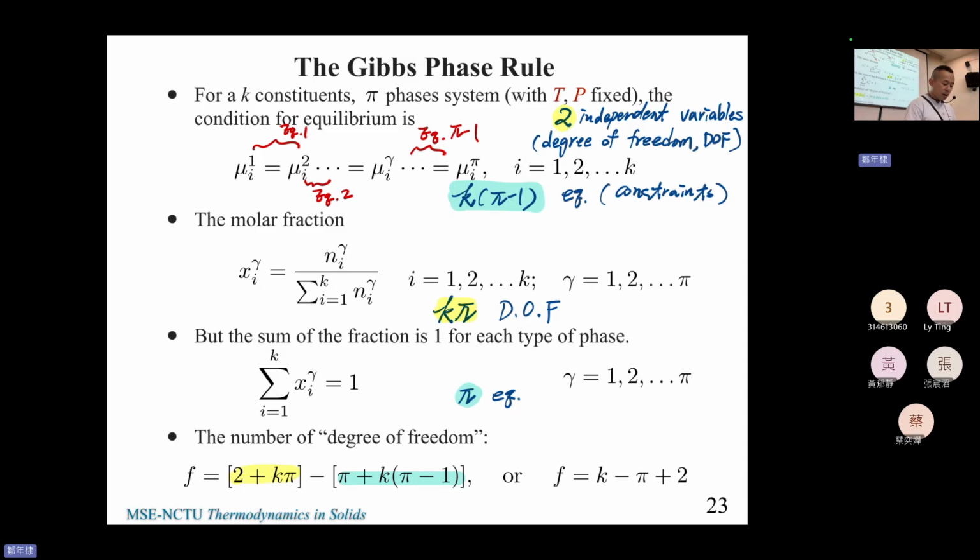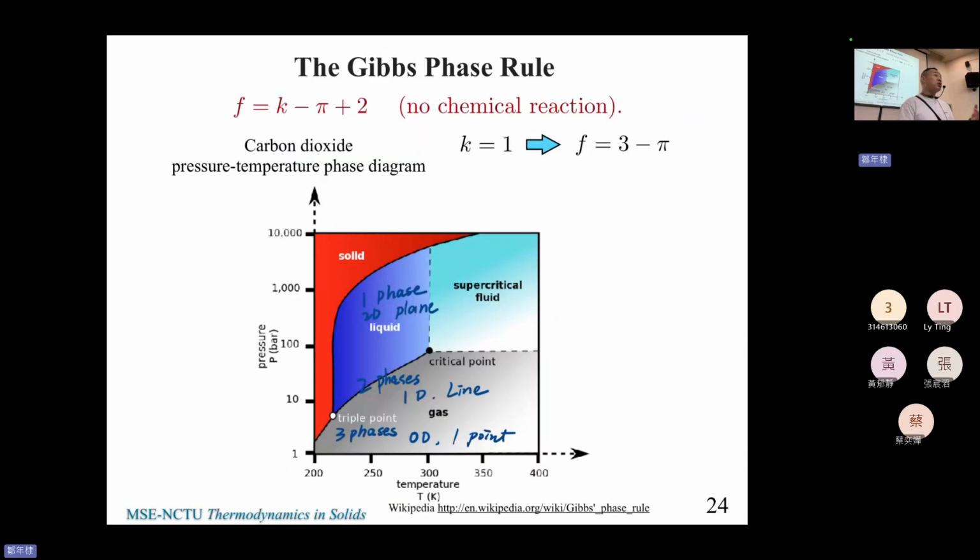Then we talked about the Gibbs phase rule, and we know that for certain constraints you can only have a certain range of variation of your phases, for example the triple point, the two-phase line, and the one-phase plane.